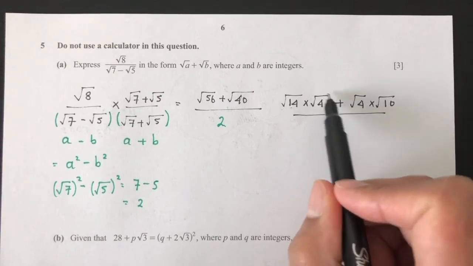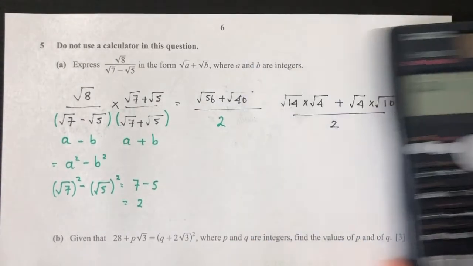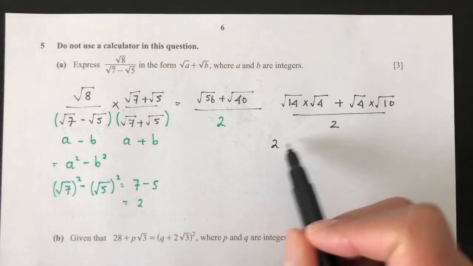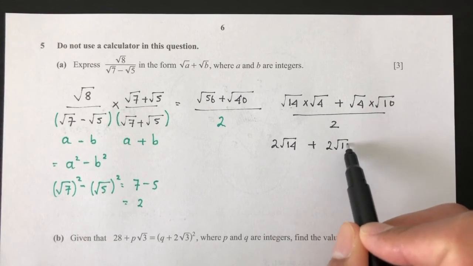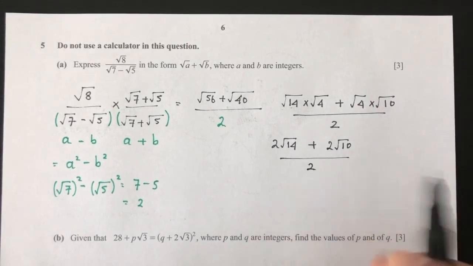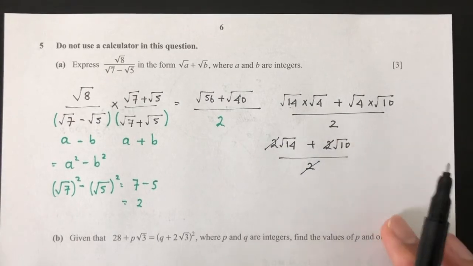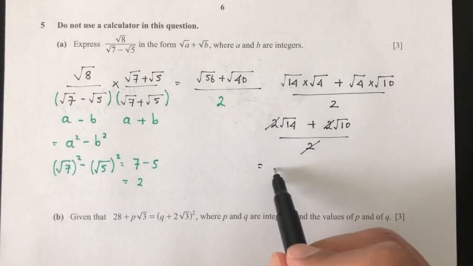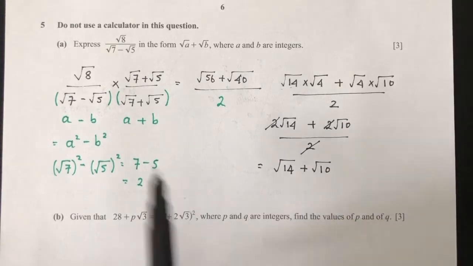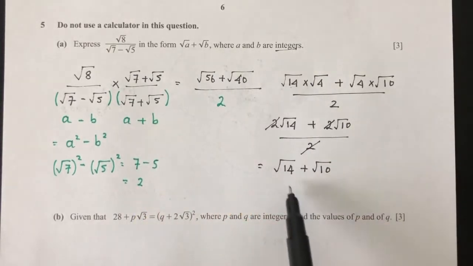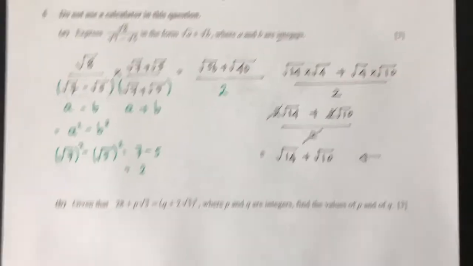Now if you simplify this, as you guys know already, root of 4 is what? Is 2. So that will be 2 root 14 plus 2 root 10. Now you can divide by 2 everywhere. You will have this one cancel out. So your answer will be root of 14 plus root of 10, where a and b are integers. As you can see, these two are integers, and that will be your answer for part A.